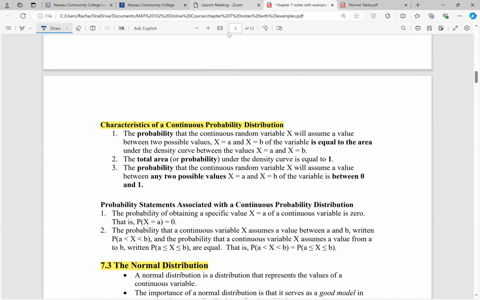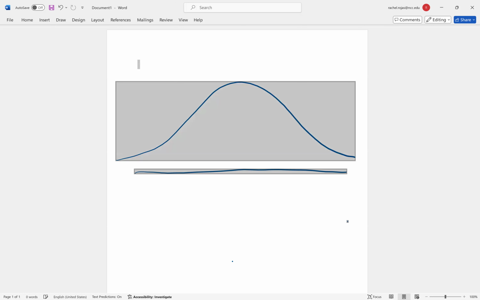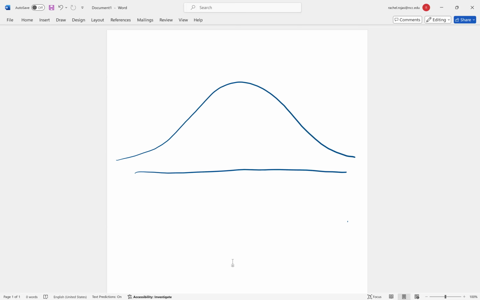So I'm going to go over to the whiteboard. Imagine we have this smooth continuous density curve that represents a normal distribution. Whatever my continuous random variable x is, that's going to be labeled on the horizontal axis, whether it's time, height, weight, whatever the continuous variable is. Let's say I wanted to find the probability that x is between A and B, where A and B are just two values of the random variable.